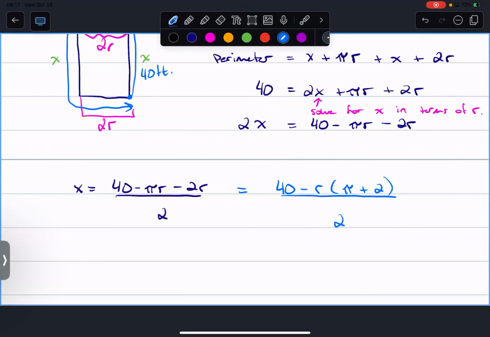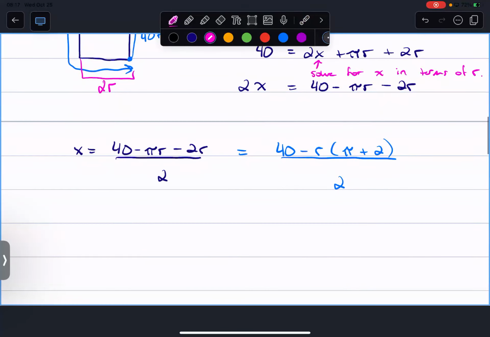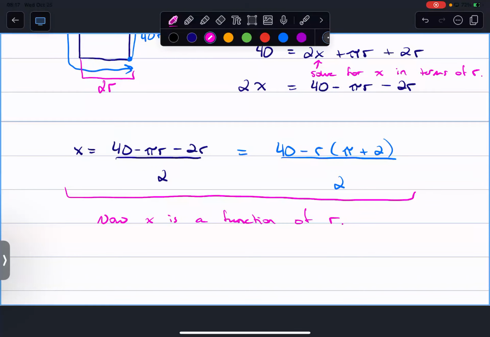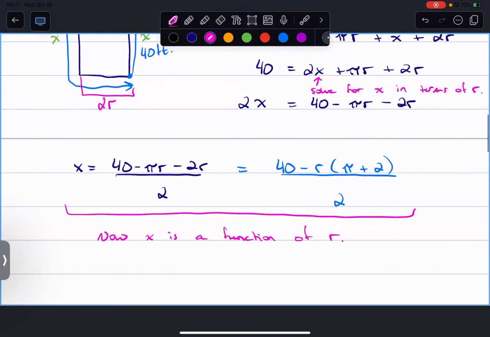Okay, so now we have x as a function of r. That's good. So here, now x is a function of r.